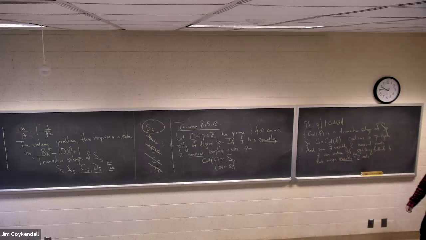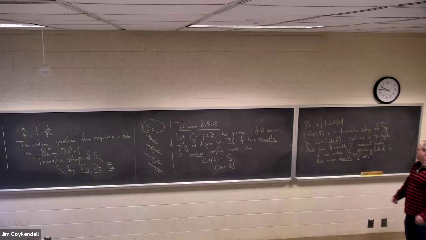I've got an affectionate name for this in algebra. It's called complex conjugation. You've got p minus 2 real roots that are fixed, you swap 2.